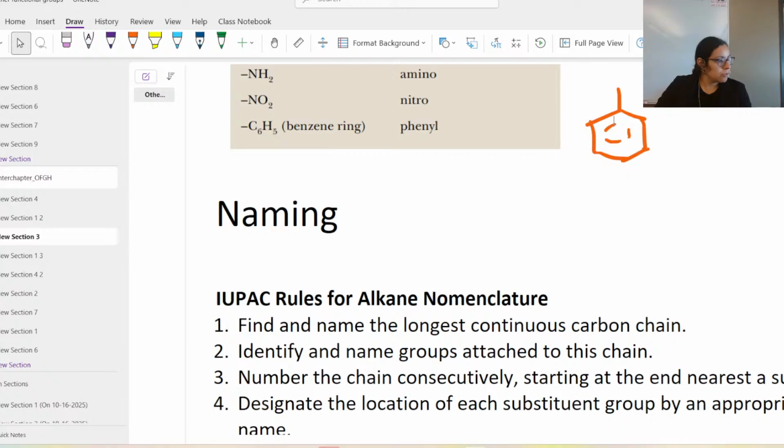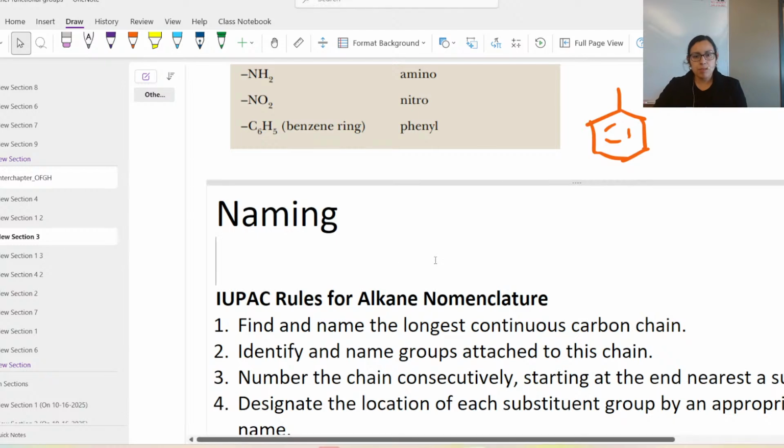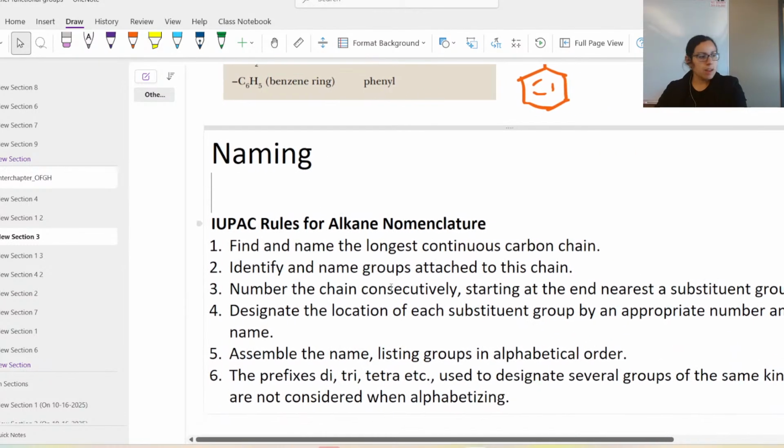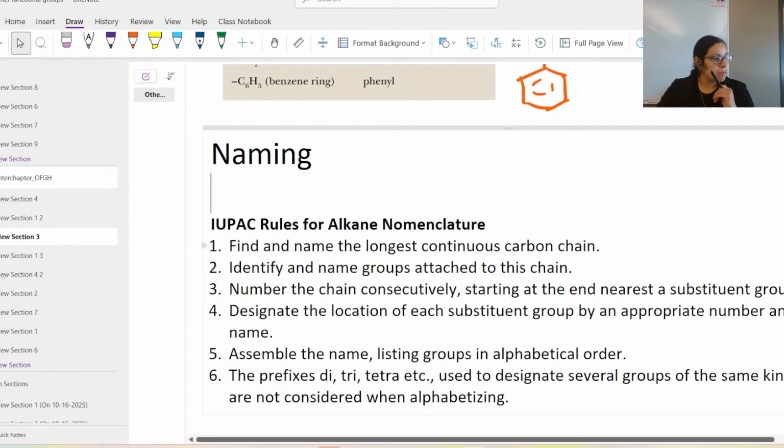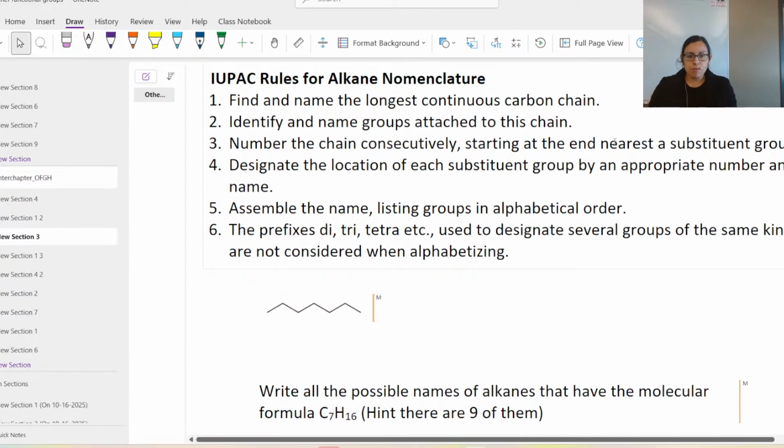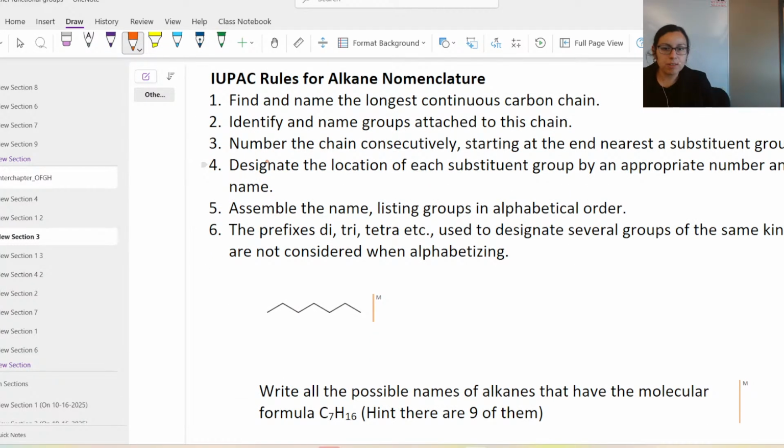All right, so now we'll try to take a stab at some naming. This is for our alkane nomenclature. First you'll have to find the longest chain, which could be easier said than done. This is often where young O-chemists start to mess up, because it doesn't matter which way the chain is going.